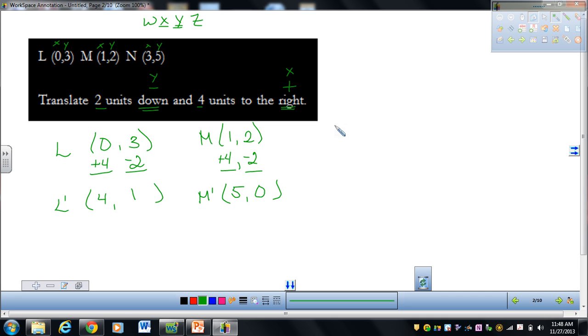So there's my new point for M. And then N is 3, 5, and it tells me to do 2 down on the Y, so let's subtract 2 from the Y. And it tells me 4 right from the X, so that's +4 to the X. And that would give me 7, 3 for my new endpoint.